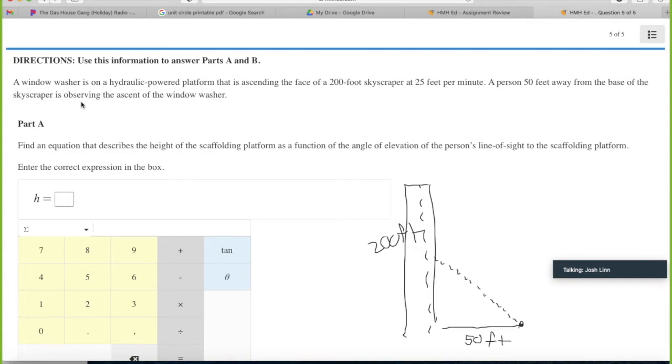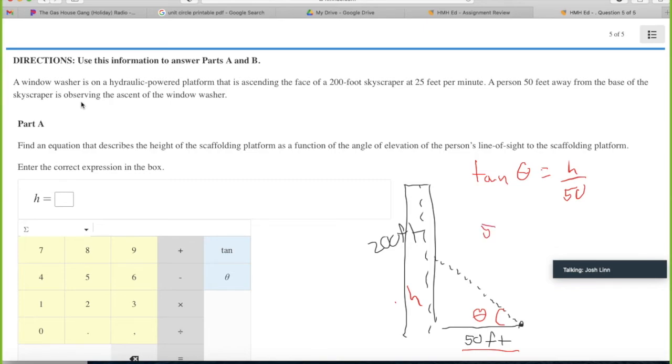Okay. So we're going to have an angle here. We have a known value here. And we need h. So tangent. So if we call that theta, so tangent of theta equals h over 50, opposite over adjacent, times 50 by both sides.